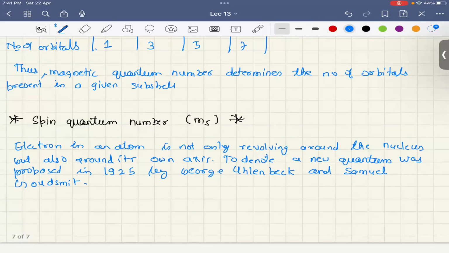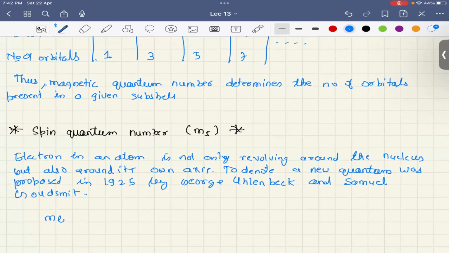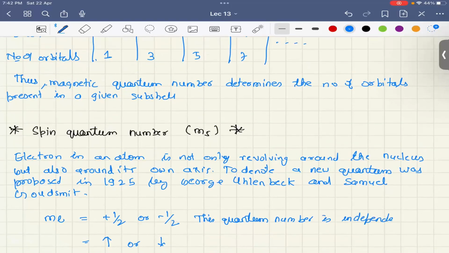This is called as the spin quantum number, and it is denoted by ms, and it has a value of plus half or minus half, or it can also be represented by this arrow notation. This quantum number is independent of other quantum numbers, right?